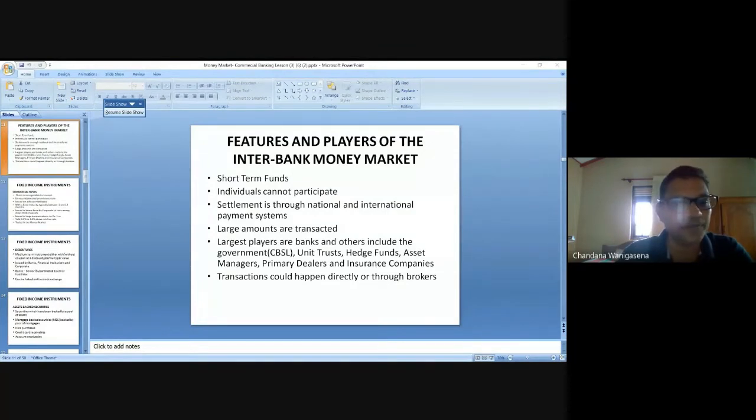Also, like we saw in that video, the coupons can be paid on a quarterly, semi-annual, or annual basis. Again, this is also freely tradable in the market, right? So this is about treasury bonds.